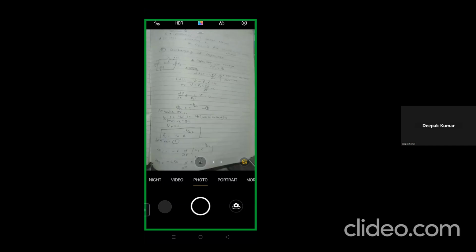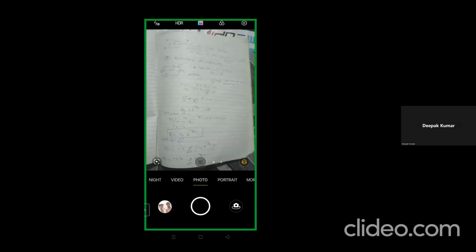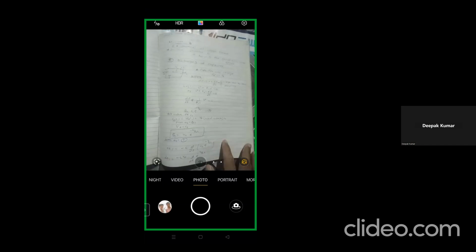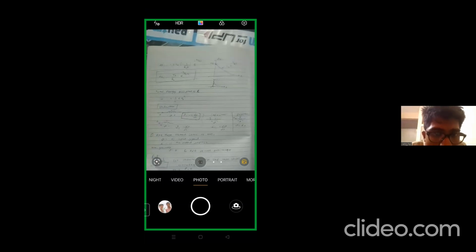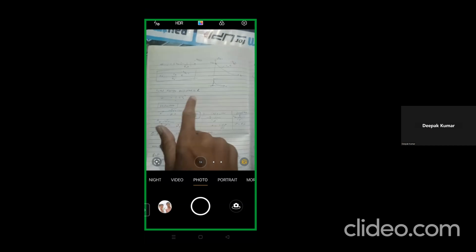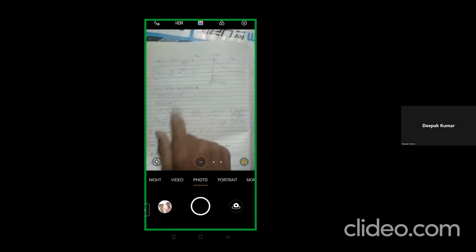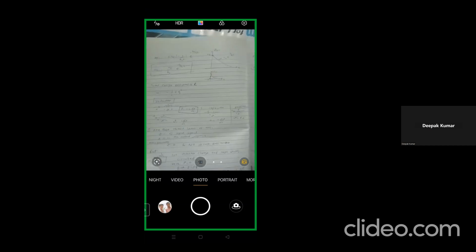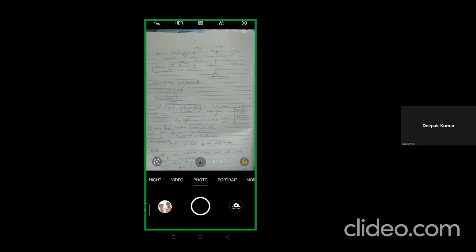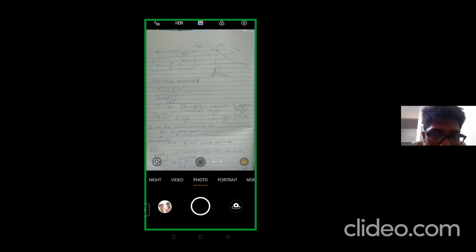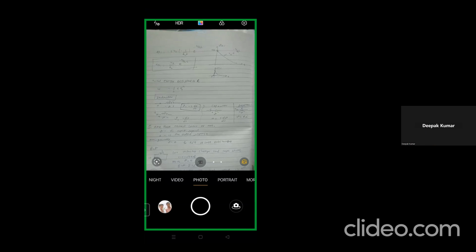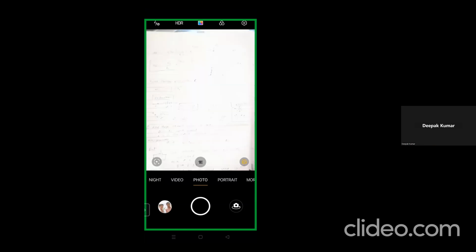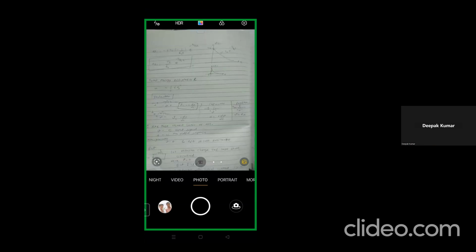Sir, this is all about the capacitor. You can say total energy dissipated in the resistor W is equal to 1/2 CV square, and total energy supplied by the source is CV square.